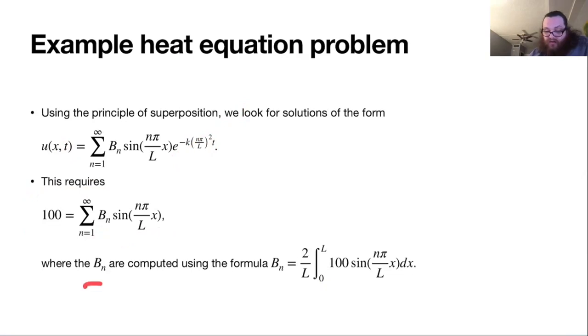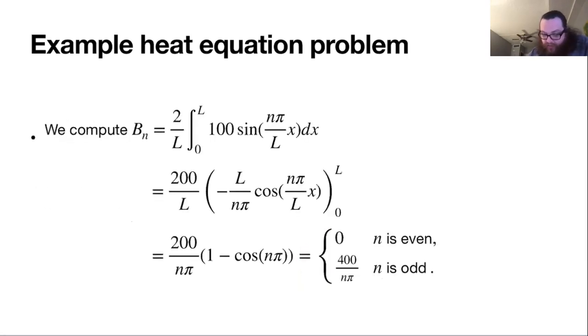The b sub n are computed using the formula b sub n equals 2 over L times the integral from 0 to L of f of x, the initial condition, times sine of n pi over L x dx.